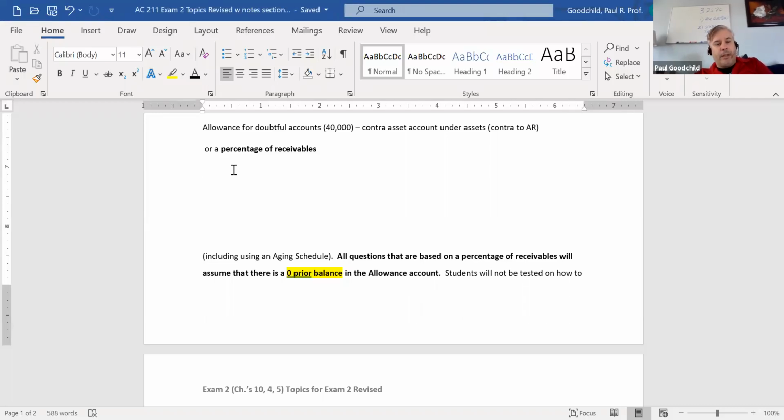So here, let's say we have an ending balance of $30,000 in accounts receivable, and management estimates 4% will be uncollectible.